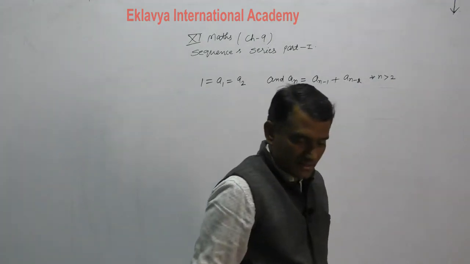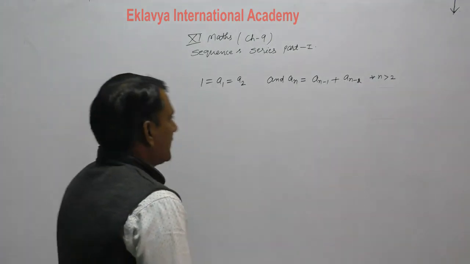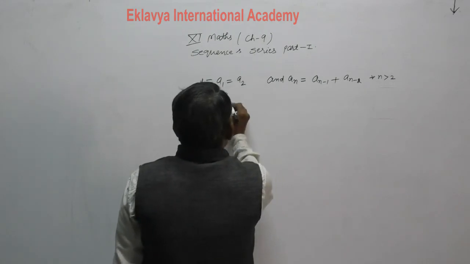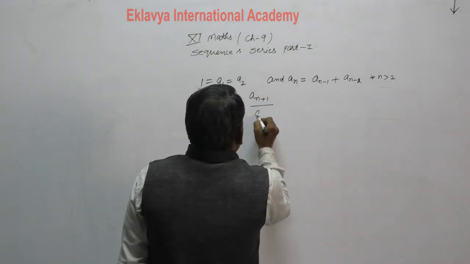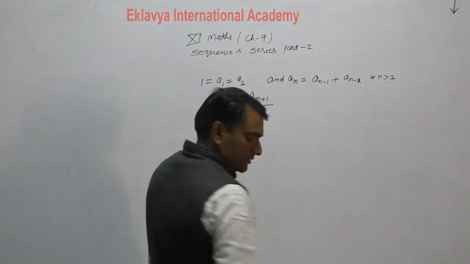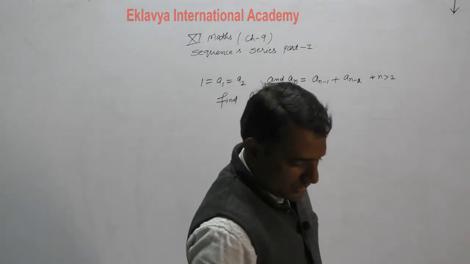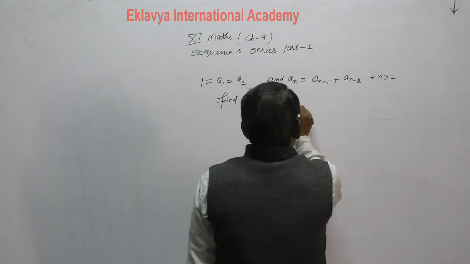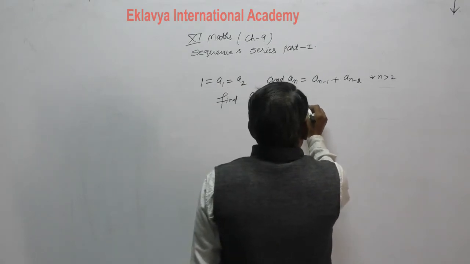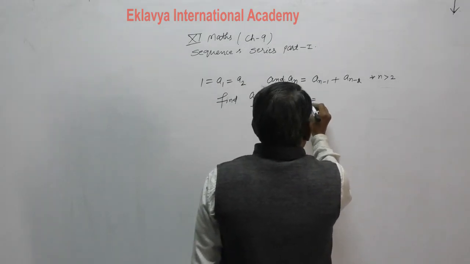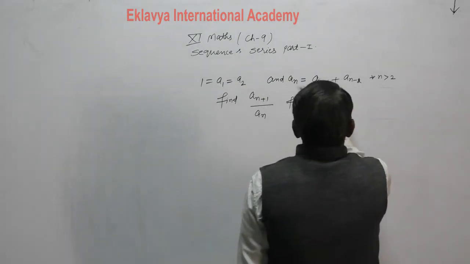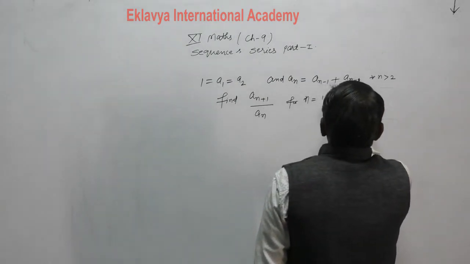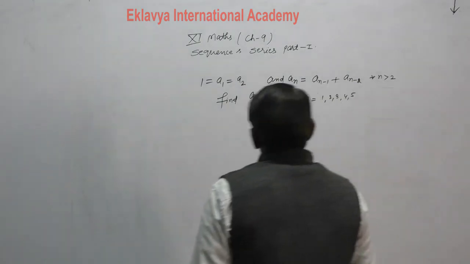For every n greater than 2, find an plus 1 over an for n equal to 1, 2, 3, 4, 5.